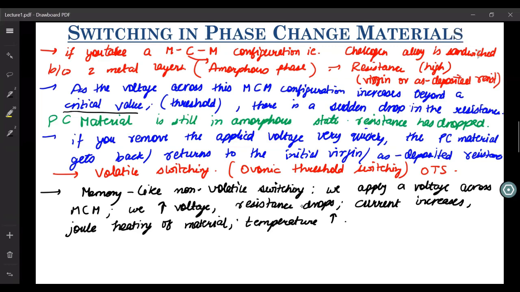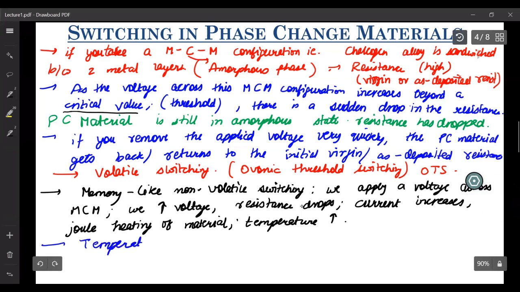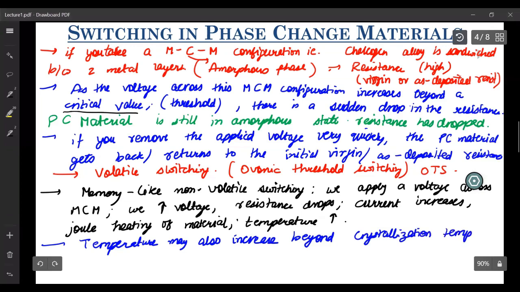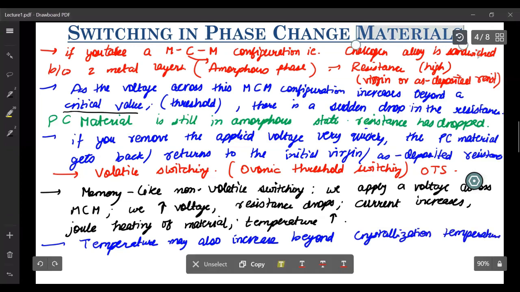Now if you continue to apply the voltage, so that there is this Joule heating and the material temperature increases, the temperature may also increase beyond what is known as the crystallization temperature. Let us call that TC.